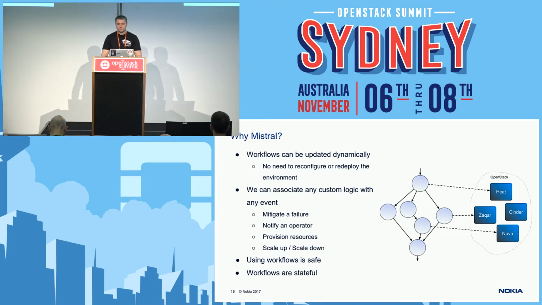So, for example, we don't have anything like Mistral. So probably the solution would be just to have a number of scripts, no matter shell scripts, Python scripts, or something else, to fix all kinds of possible problems. But it's not really good, because you would have to pre-deploy all these things in your cloud environment in advance.